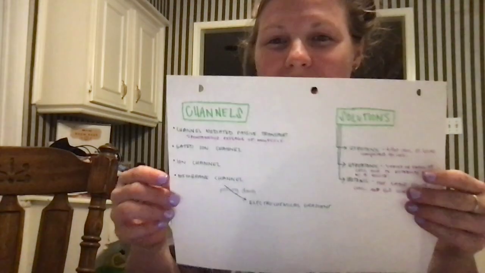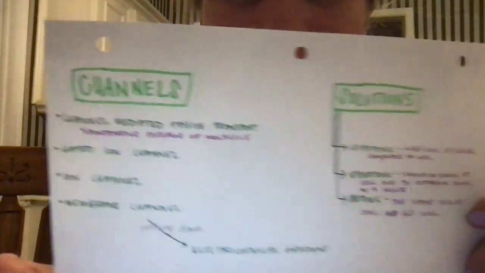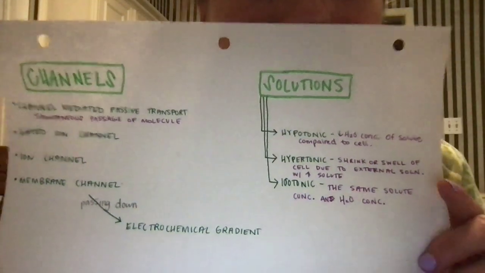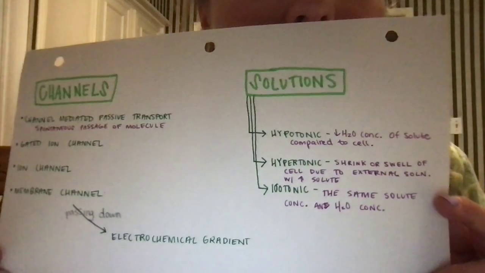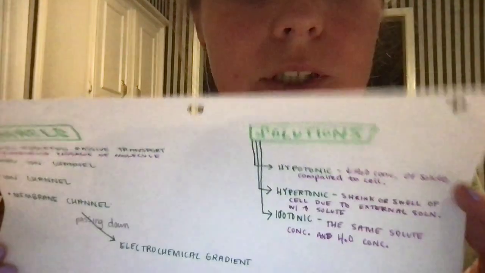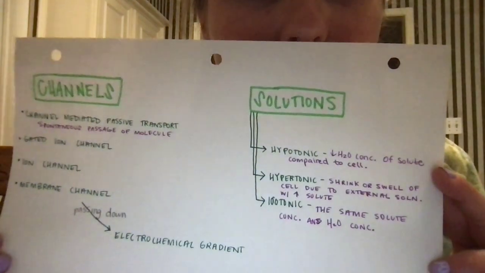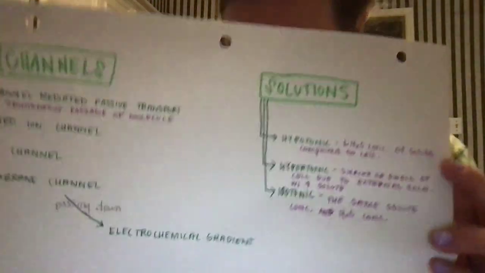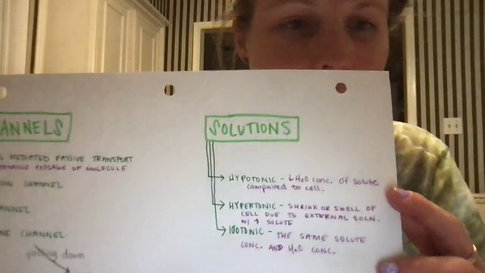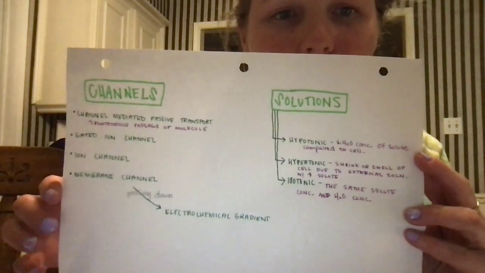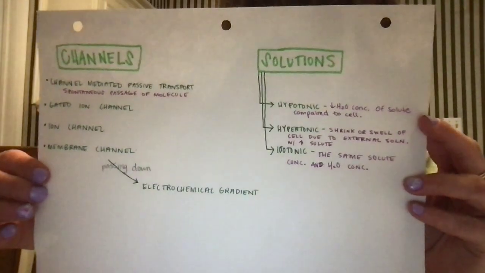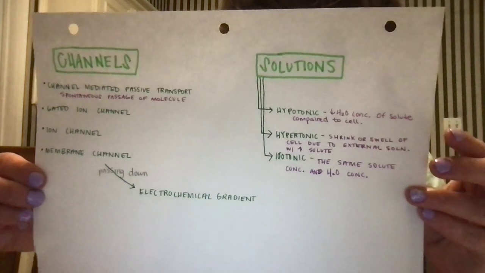All right, so we've got our channels and solutions. The channel-mediated passive transport is the spontaneous passage of molecules. Then you've got your gated ion channels, which are in excitable cells.